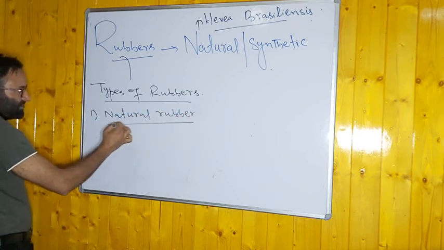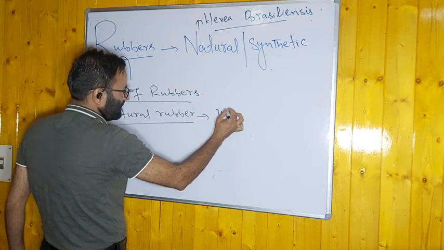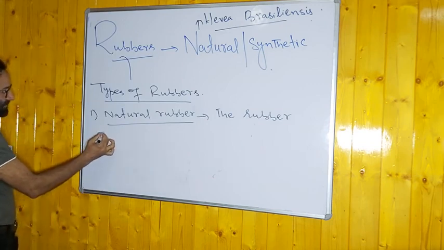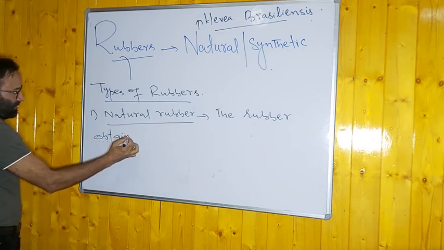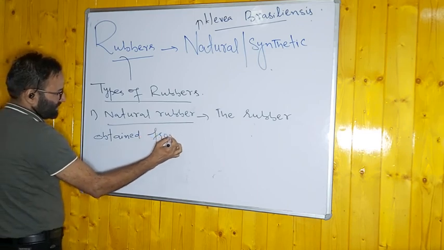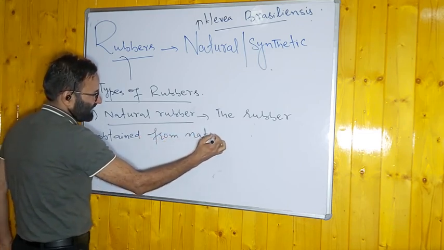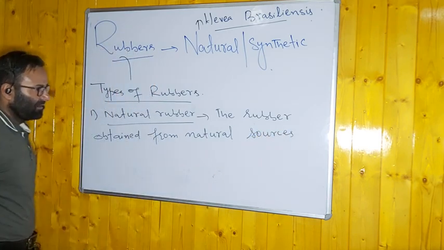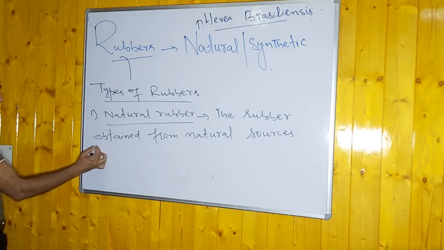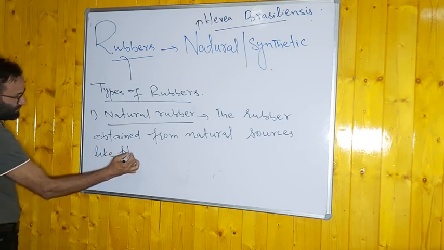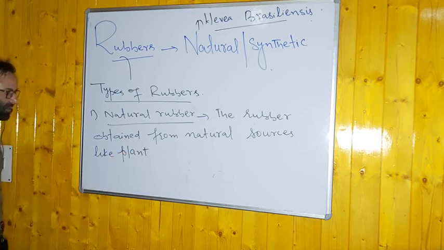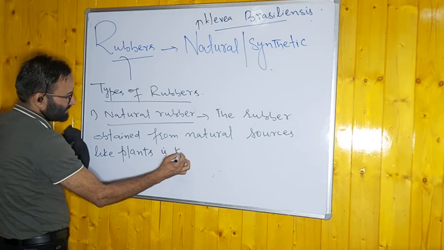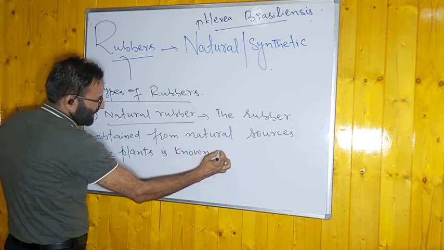We have to discuss it. The rubber obtained from natural sources like plants is known as natural rubber.